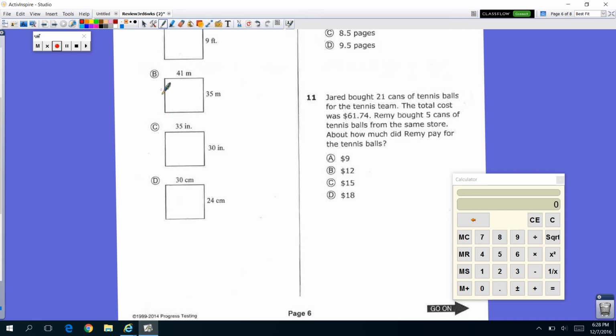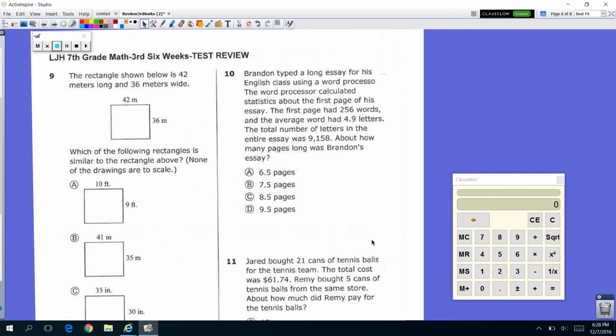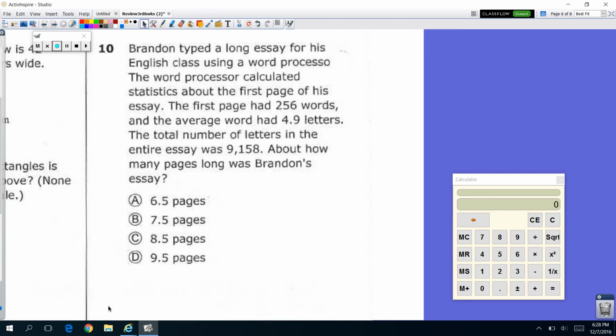Now we're going to go to number 10. This one can get a little confusing, a little bit hard to follow.